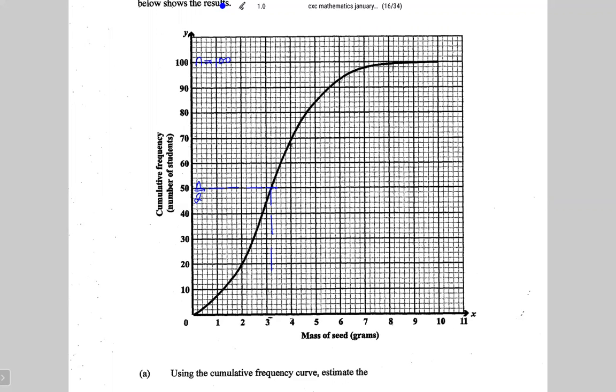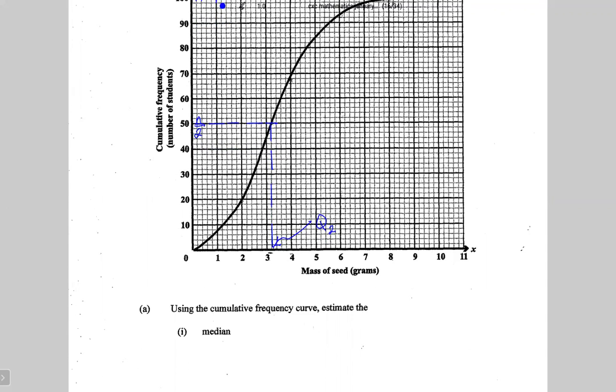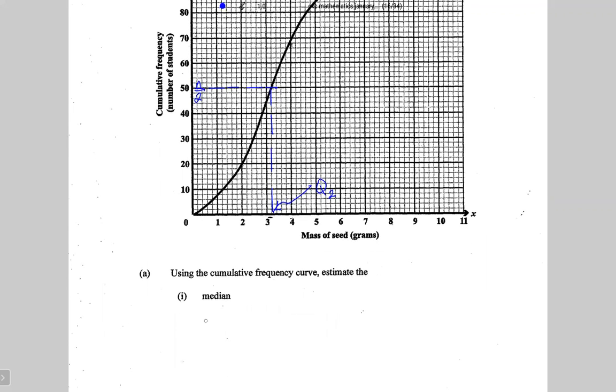So I'm doing that. The value is here. This is Q2, which is the median, and from looking at it, it is 3.2 grams. So I would start out by saying that the median Q2 is equal to 3.2 grams.